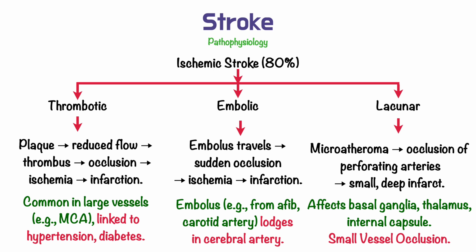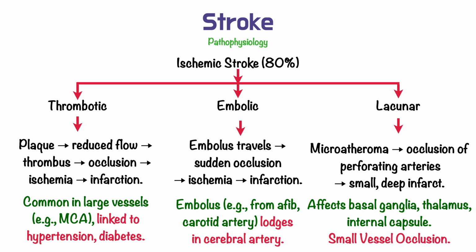Examples include emboli from atrial fibrillation or the carotid artery, right? It can also form in a patient who has just undergone a valve transplant, right? It lodges in a cerebral artery and causes infarction.